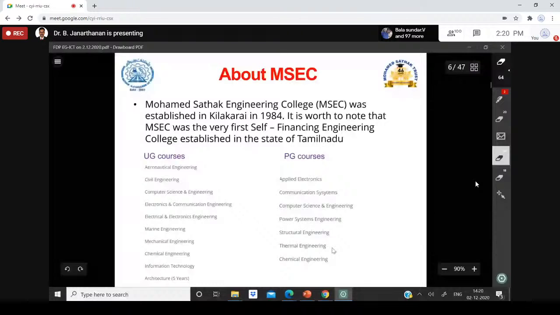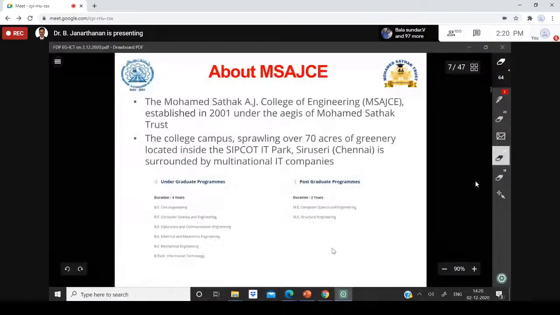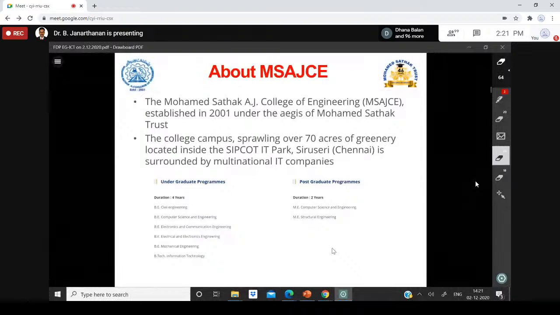Then about our Mohamed Sathak AJ College of Engineering, it was established in the year 2001 under the aegis of Mohamed Sathak Trust. The area of this campus is around 70 acres, and it is very near to the SIPCOT IT Park.